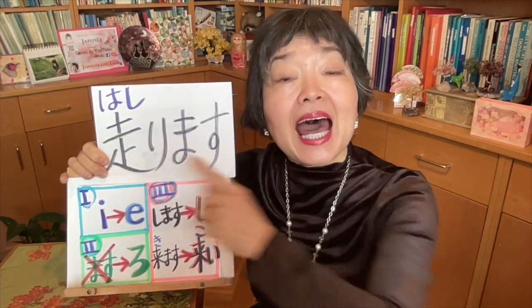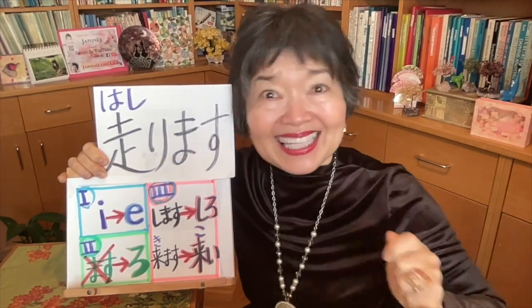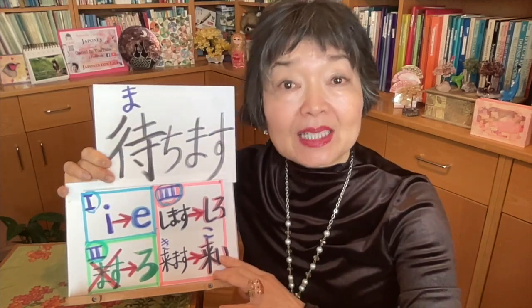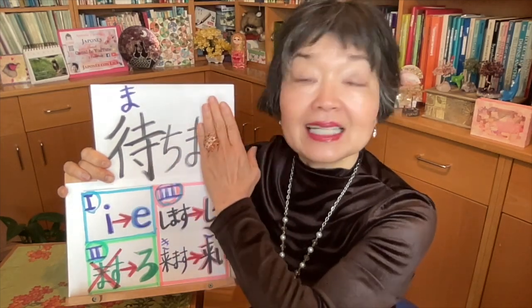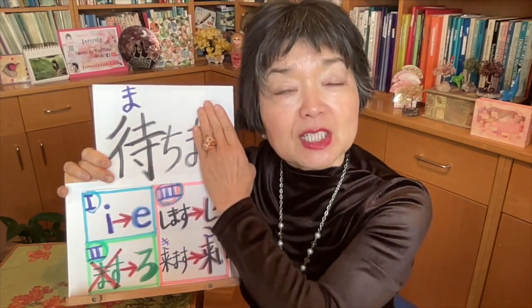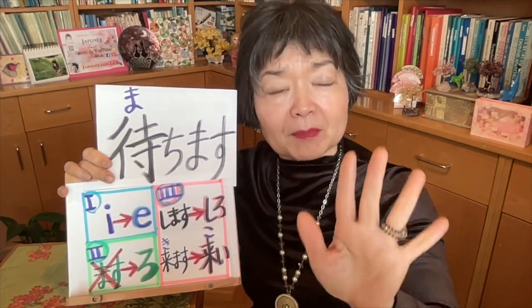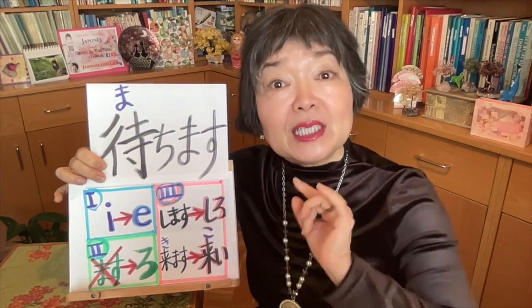To run, 走ります. So 走れ, run. The verb to wait, 待ちます. And here, ち, たちつてと. So ち must change to て, 待て. 待て, wait, hold on. Here, be careful with intonation.